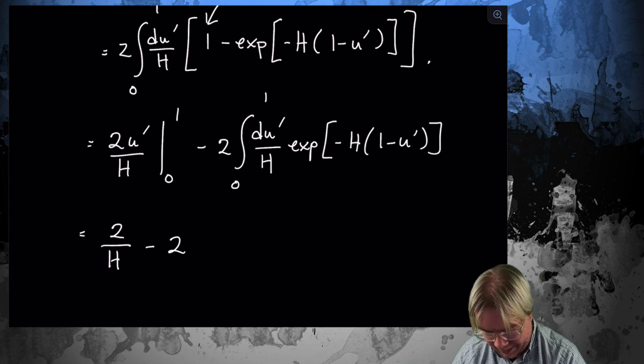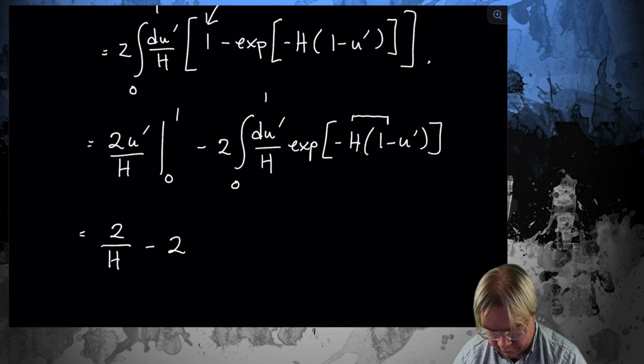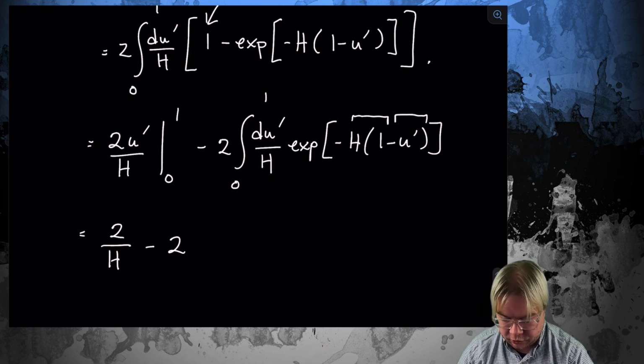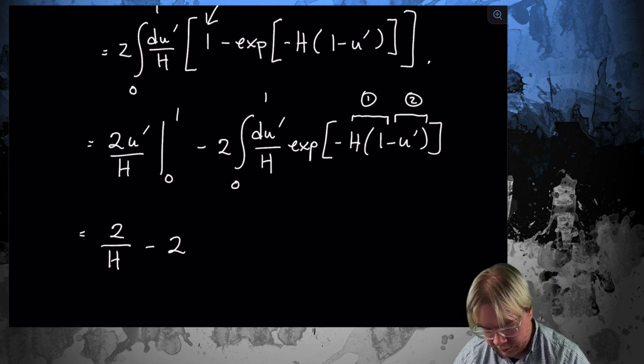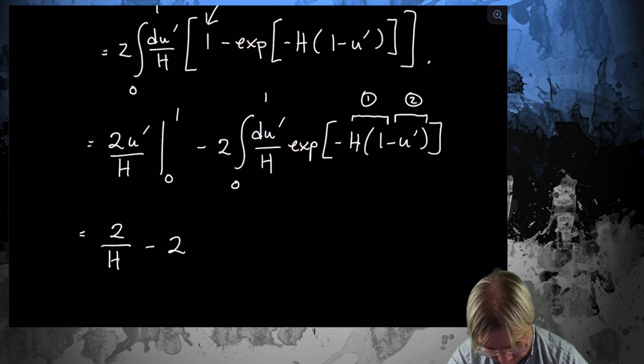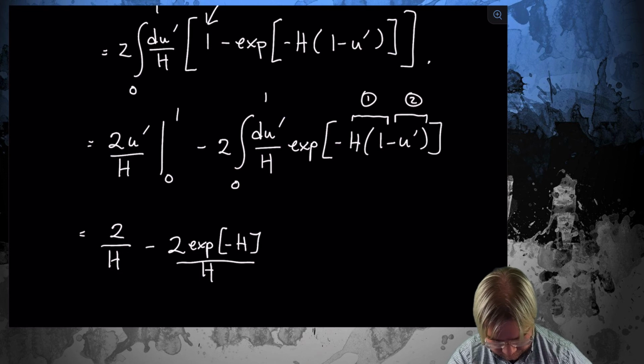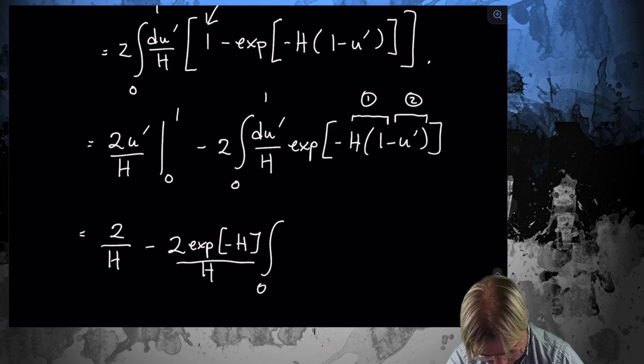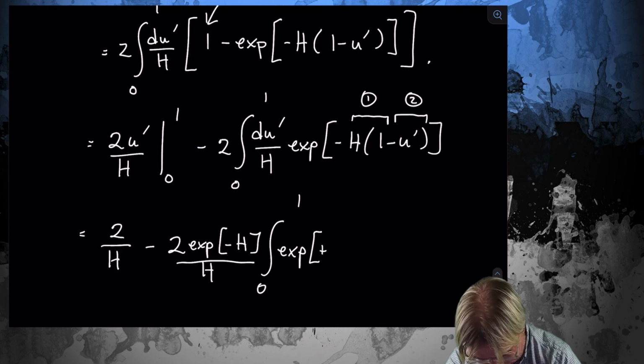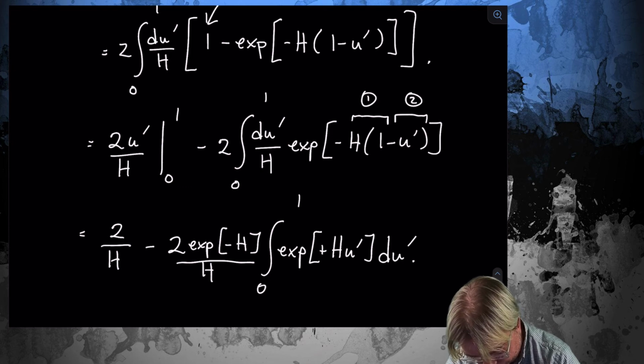This exponential is a little problematic, so we'll take this term outside since it doesn't depend on u. And then we're just left with the second term. So this is term 1 and term 2. So this will be 2 times the exponential of minus h divided by h, and then the integral from 0 to 1 of the exponential of plus h u prime du prime.